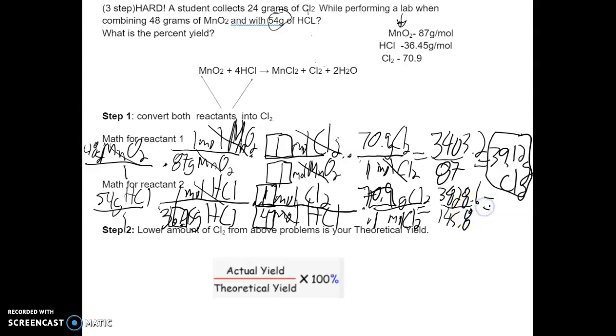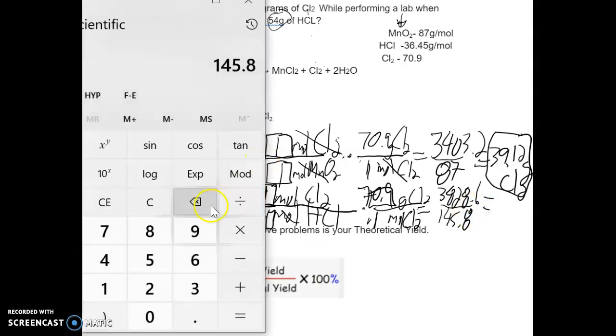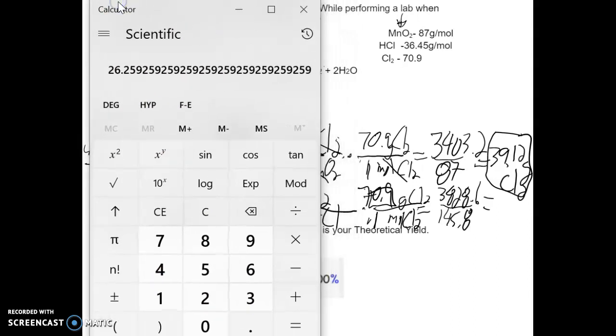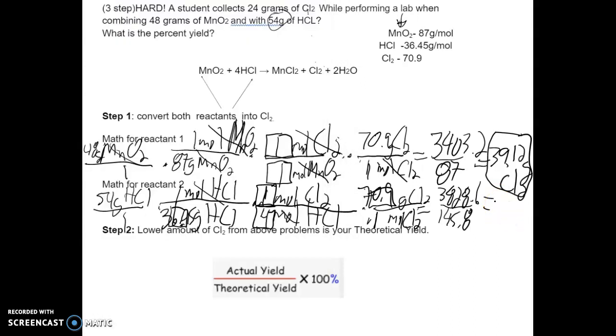That's going to give me a final of, all right, 3828.6 divided by 145.8 of 26.26 grams of Cl2.